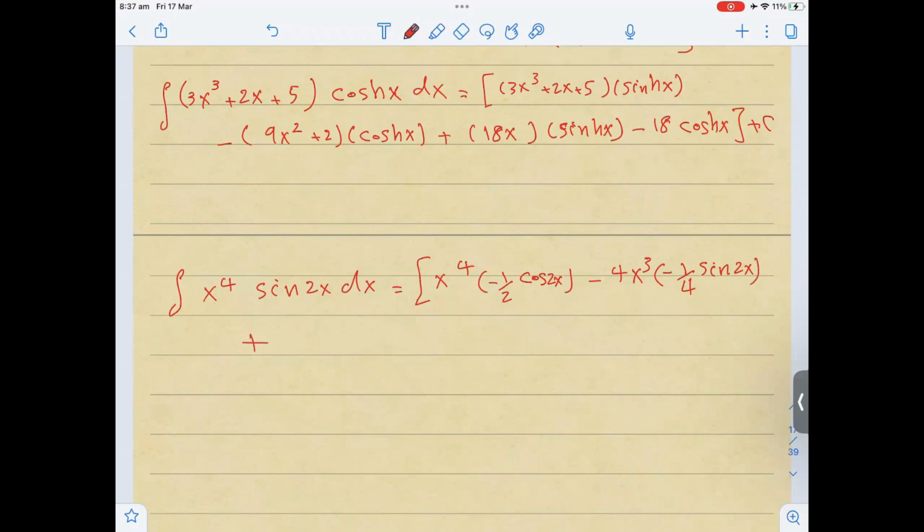Plus, so I wouldn't move this minus to outside. So this will be plus the derivative of 4x cubed, which is 12x squared, times minus, plus 1 over 8 cos 2x, minus 24x.